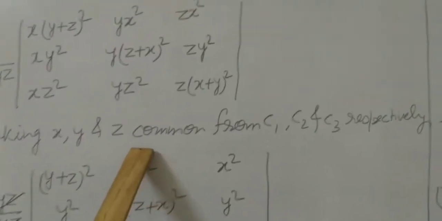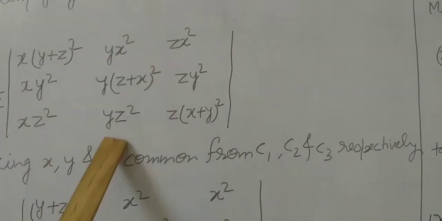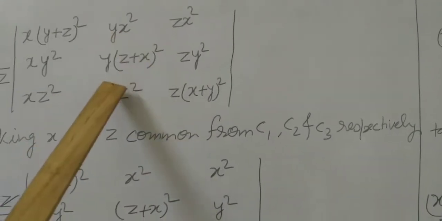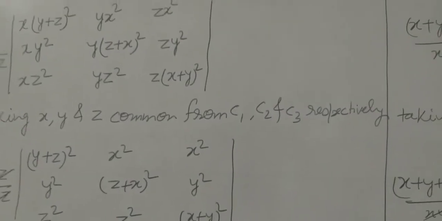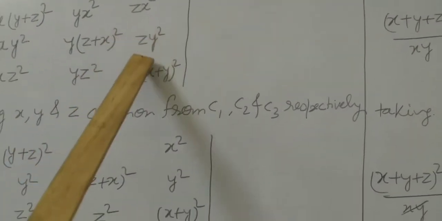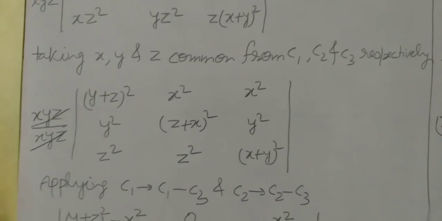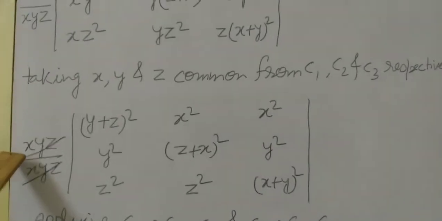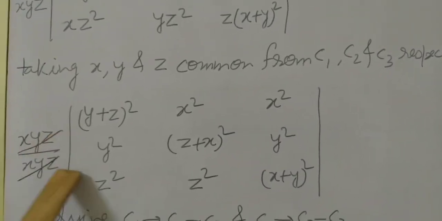Let us take y common from C2. What is left here? x square, (z + x) square, z square. Now z is common from C3, students. What is left? x square, y square, (x + y) whole square. Correct? So we have taken common x, y, z from C1, C2, C3, so that's why x, y, z will be cancelled.